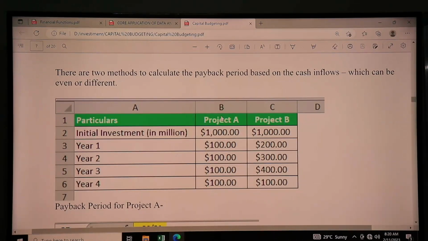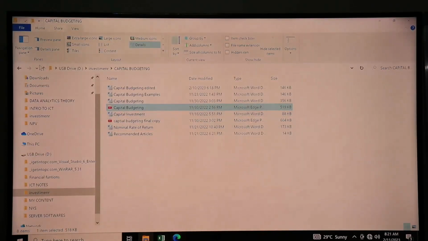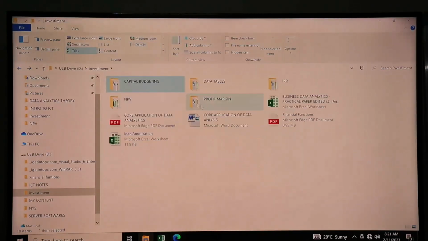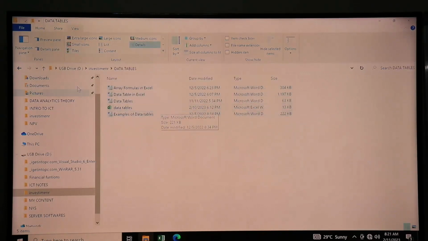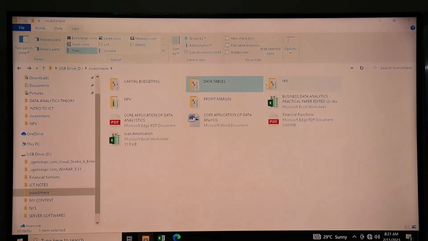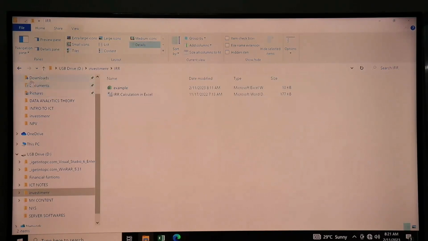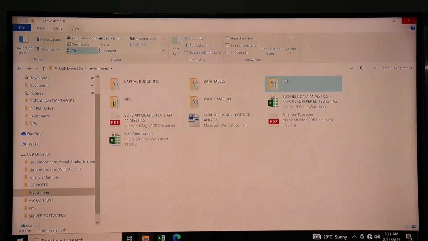I don't have this data, so when I send the copy, it will already be in the copy. You just download it, type the data, then you can compute that function. So let's see.